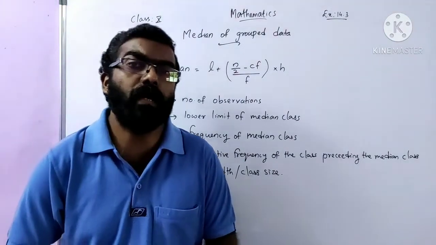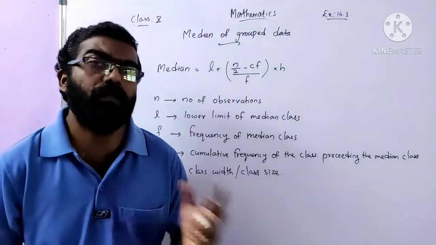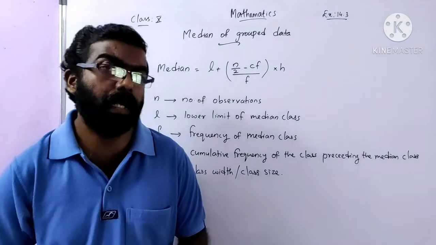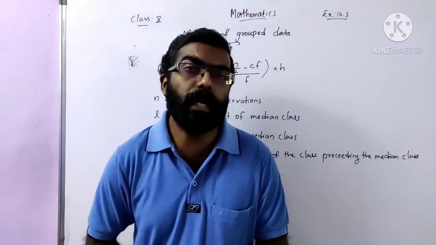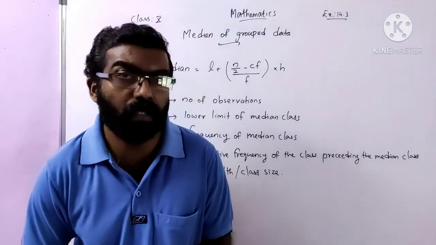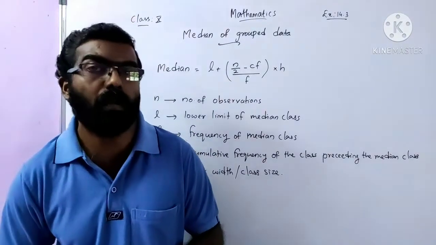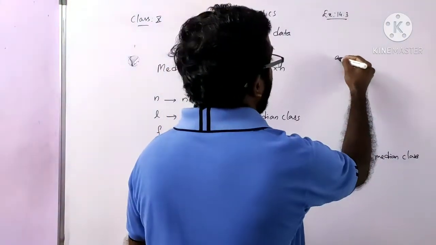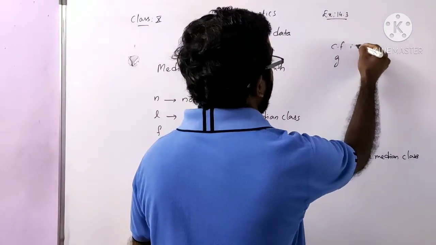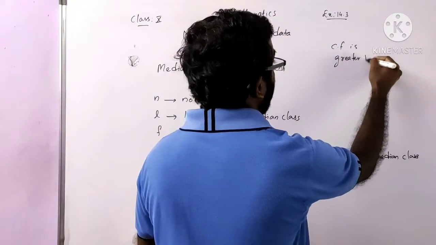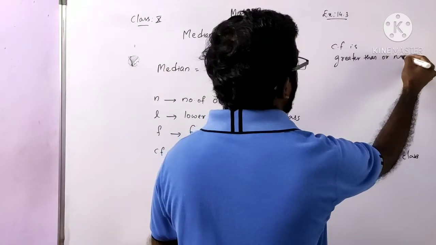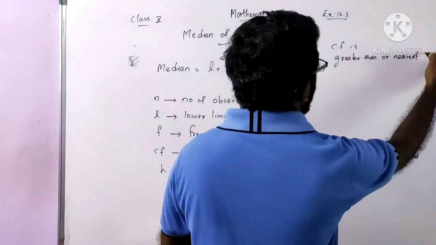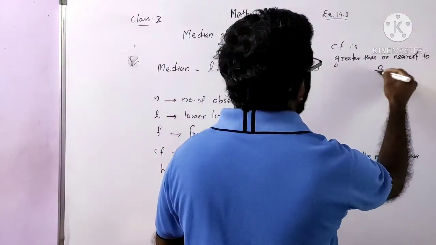So in order to find the median of grouped data, first of all we have to locate the median class. We have to locate a class whose cumulative frequency is greater than or nearest to n by 2.